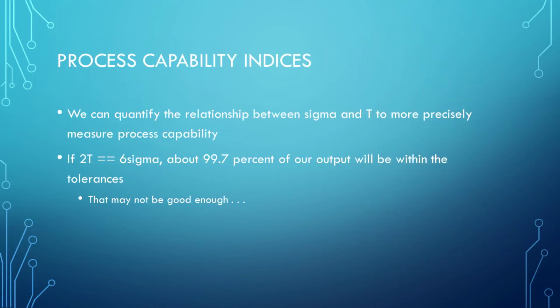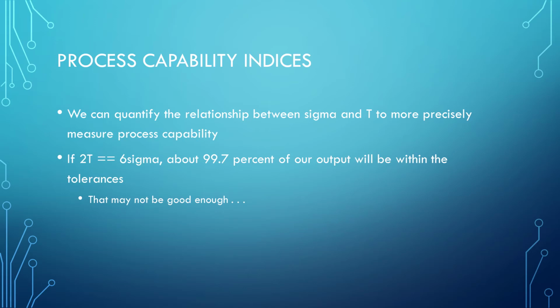So we can quantify this relationship between sigma and t to be more precise about how we're measuring capability. So we should remember that if 2t is equal to 6 sigma, then about 99.7% of our output will be within tolerances. But that means 0.3% will be outside of the tolerances. And remember how these errors accumulate.